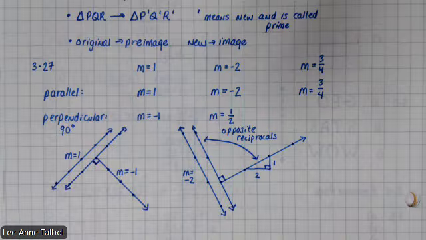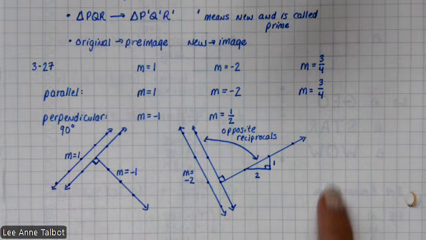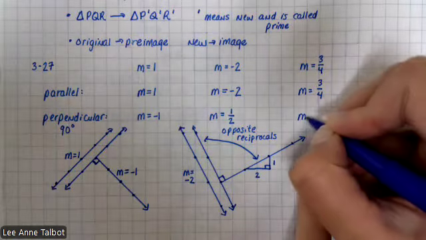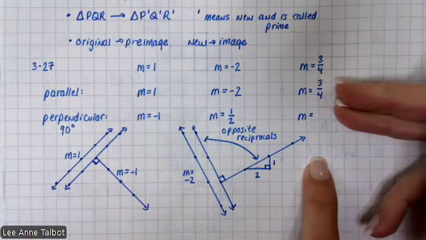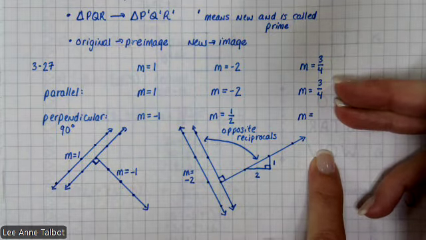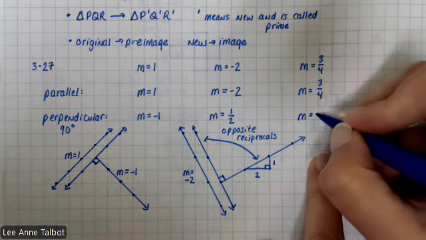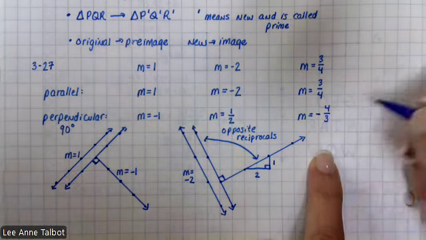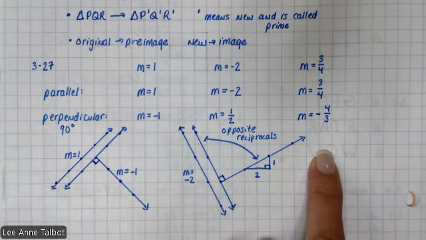That means that you switch the sign and flip it. Okay, so taking that information, what would the perpendicular slope be to 3/4 if you switch the sign and flip it? -4/3. Switch the sign and flip it.